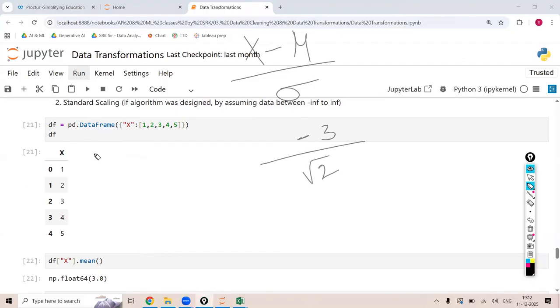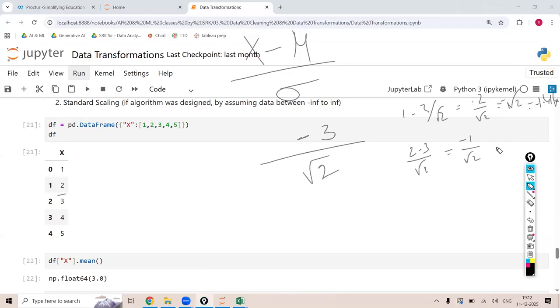Now, every time, what will be changing is the x value. First, 1 minus 3 divided by square root of 2. That is minus 2 divided by square root of 2, which is minus square root of 2, minus 1.414. Second number: 2 minus 3 divided by square root of 2. 2 minus 3 is minus 1.